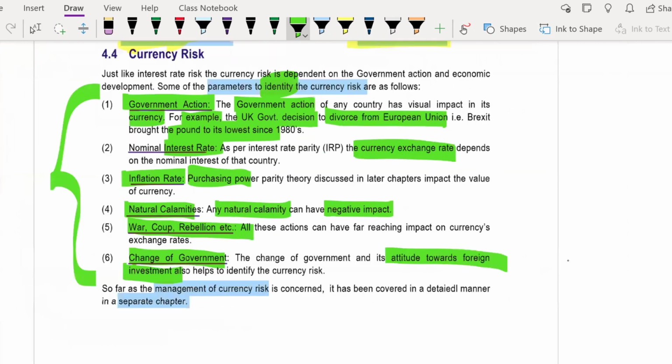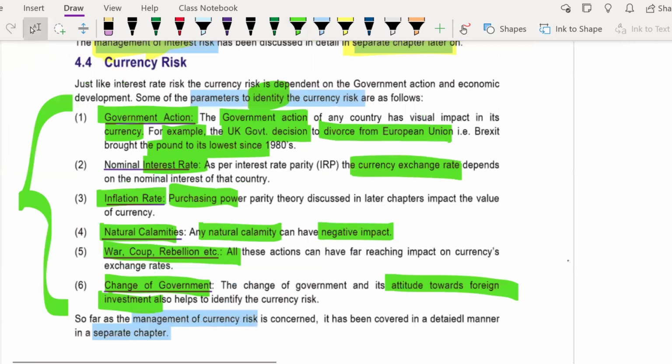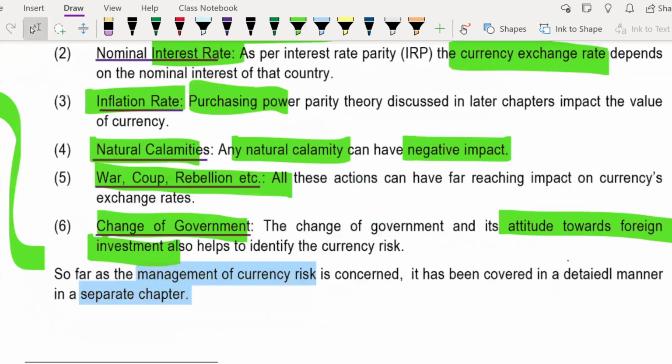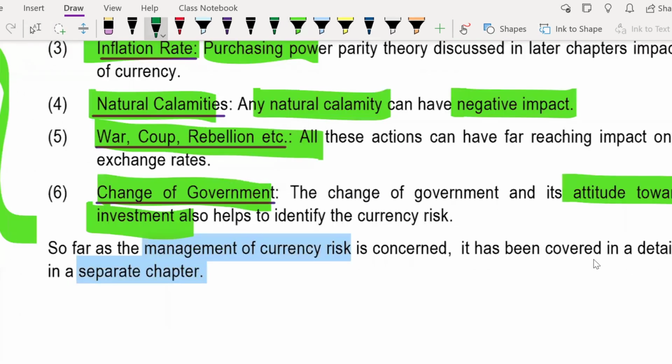So these are the different ways by which you can identify the currency risk: the actions that your government is going to take, your interest rate, your inflation rate, natural calamities, war, and change of government. Now, how you are going to manage your currency risk is something that you're going to read in the upcoming chapters of SFM.